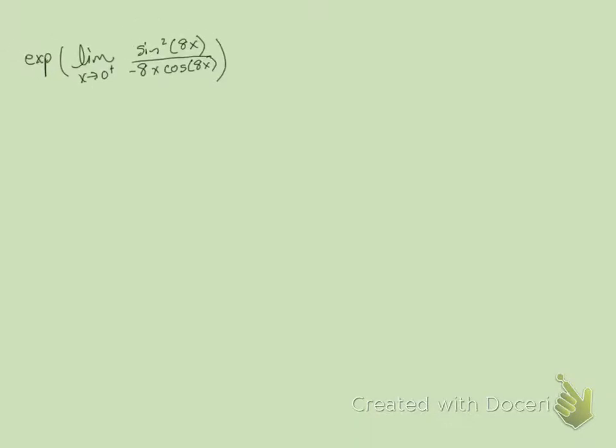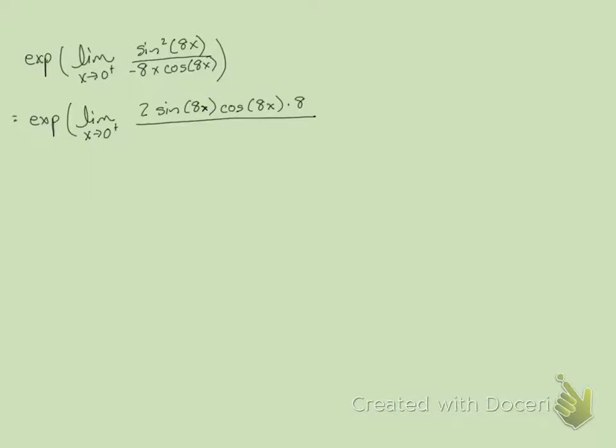So we have 0 over 0, so let's do L'Hopital's one more time. I have the limit as x approaches 0 from the right side. Taking the derivative of the numerator, we're going to drop down that squared, decrease it by 1, take the derivative of the sine, which is cosine, and then the derivative of the far interior, the derivative of 8x, which is 8.